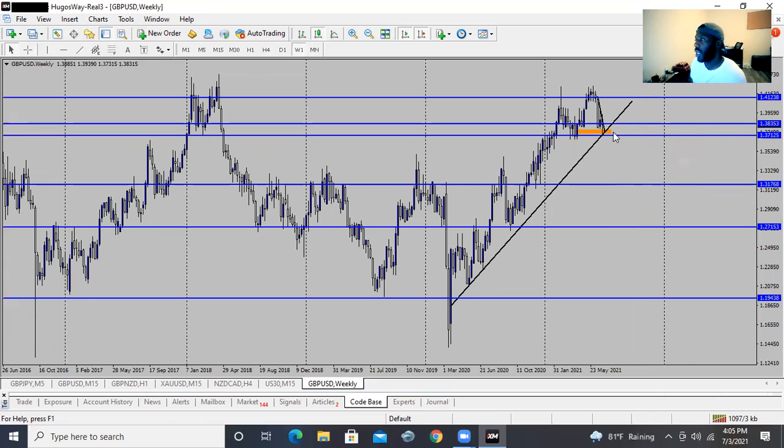So a 5,200-point move, a significant drop, a good swing trade, and something that this trade can actually do.